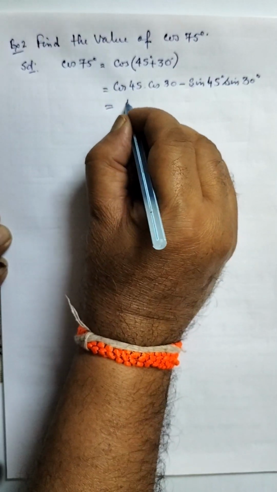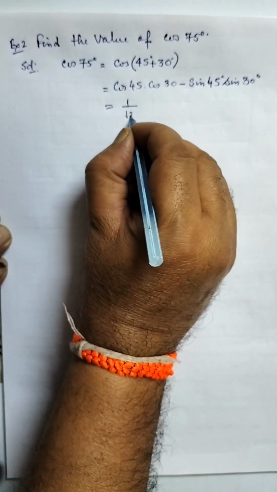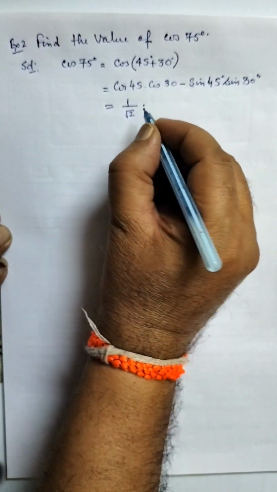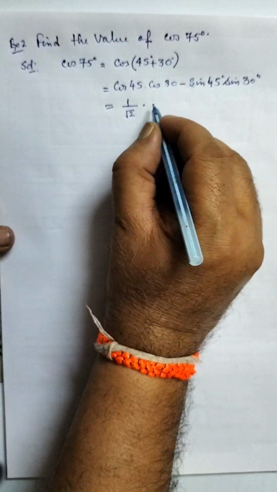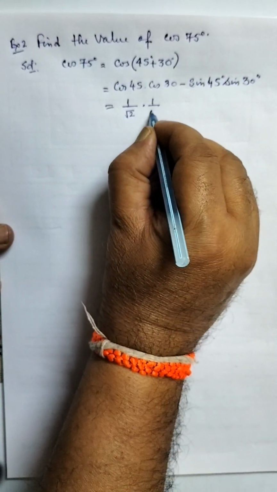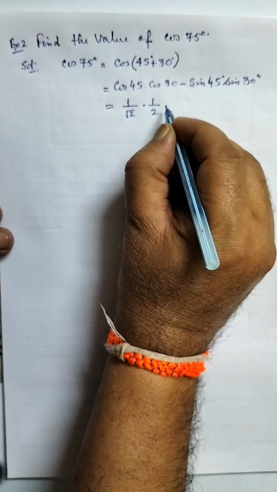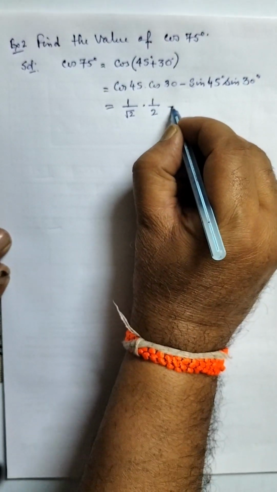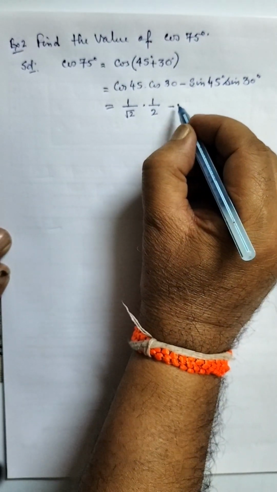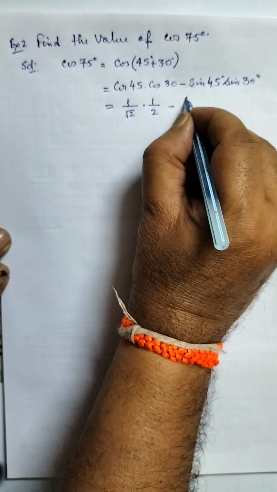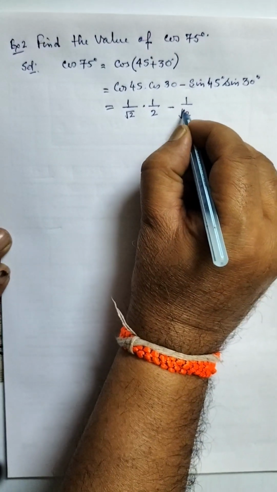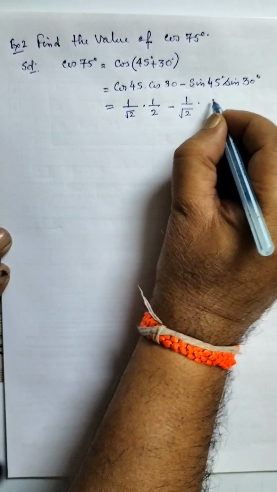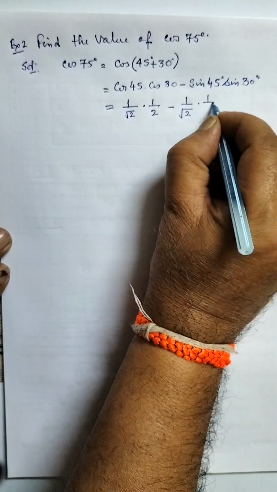Cos 45 is 1 over root 2, and cos 30 is root 3 by 2, and this will be 1 by root 2, sin 30 is half.